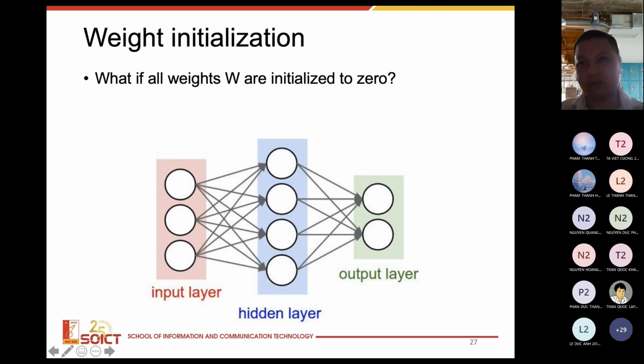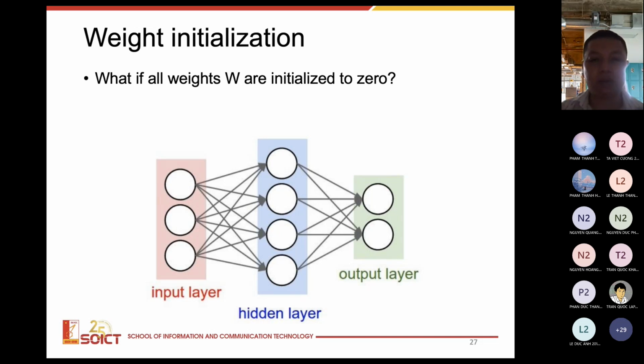Remember, every weight is updated by a function of the previous weight and then the error signal, right? So at the beginning, you should initialize the weight, and the way you initialize the weight might impact the performance of the model at the end.